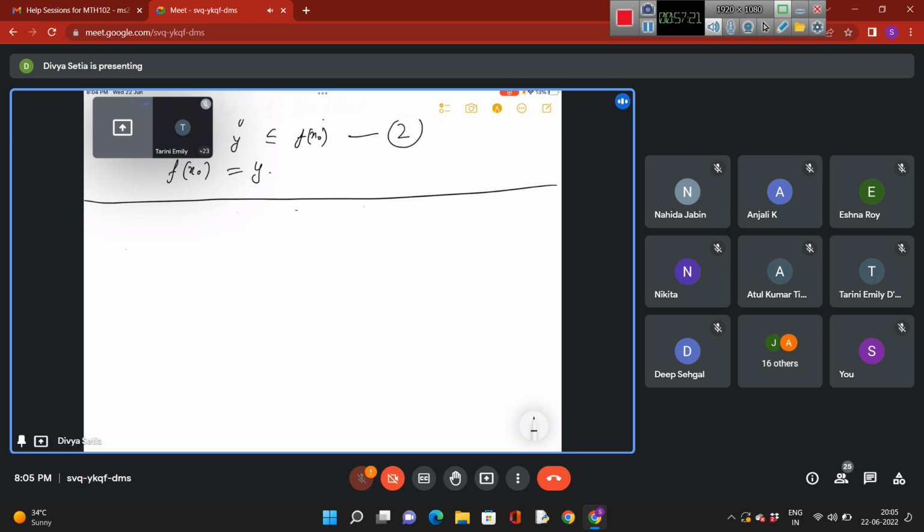Okay, so let's see some examples, some of the applications of this theorem. Suppose f is a continuous function from 0 1, it's a closed and bounded interval, to 0 1. Then f has a fixed point.